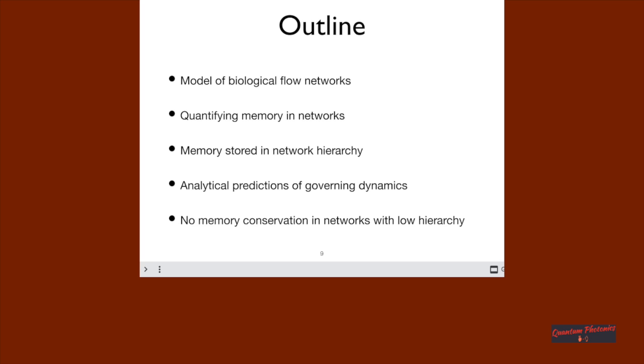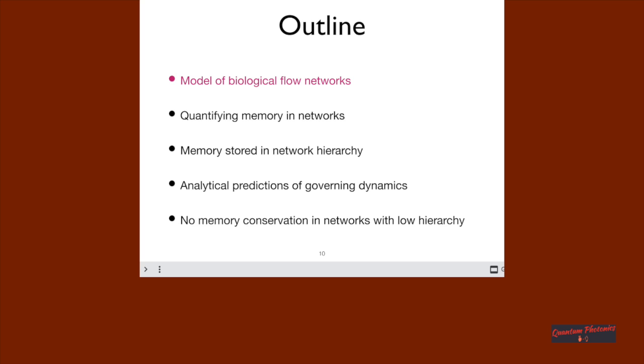In slide 10, I show that the first part I will talk about is the model of biological flow networks that I'm going to use, because I'm going to study the memory formation in this kind of adaptive flow networks. If you go to slide 11, here I have shown how I am modeling the biological flow networks.